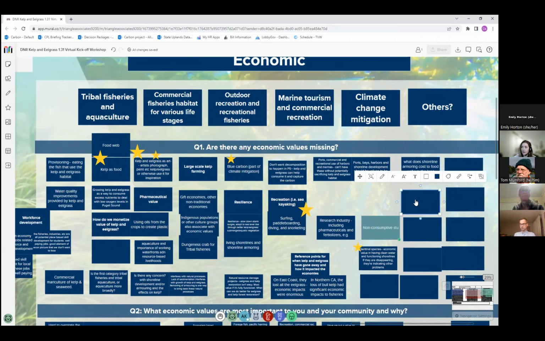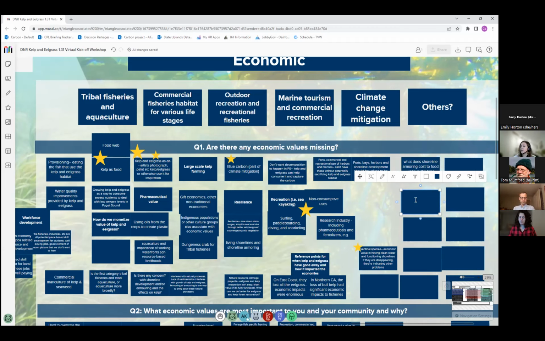And there's also lots of chat that contributes to these 3 different questions as well. So of the 3 questions, are there any economic values that you see missing that aren't here, or maybe that you'd want a second or third, because we should be putting stars on some of these that are really important to you? What economic values are most important to you and your community, and most importantly, why?